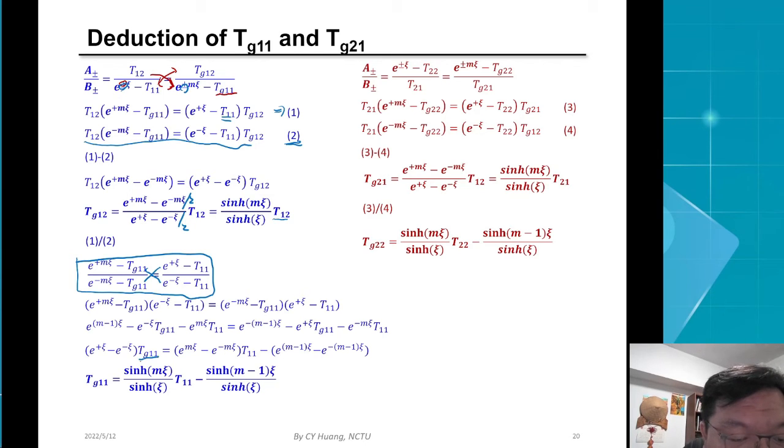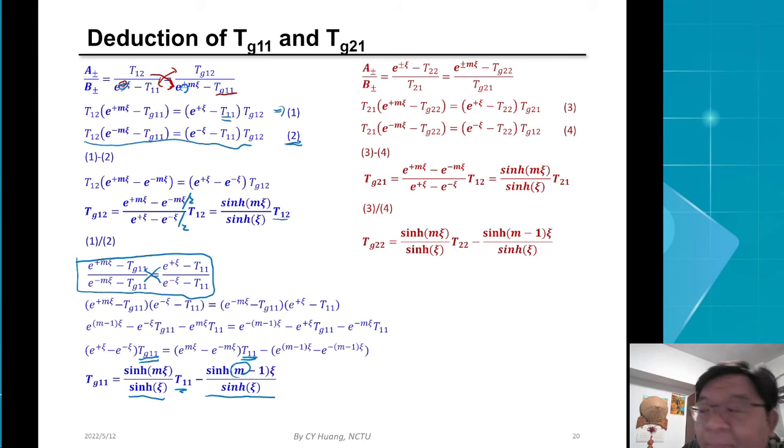Then we put the TG11 on one side and the T11 on the other side. Finally we get that the TG11 is hyperbolic sine mc divided by hyperbolic sine c times T11 minus an additional term, which is hyperbolic sine (m minus 1)c divided by hyperbolic sine c. The m is the number of pairs.